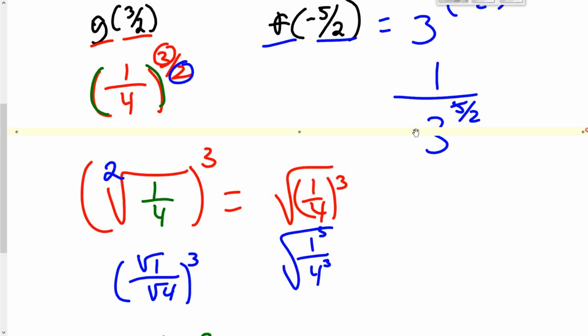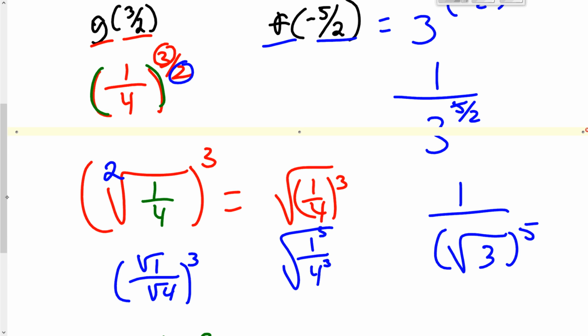So 1 over the square root, because the denominator is a 2, and then 5 is the power, so I can leave that on the outside. Or, oops, leave that power 5, the numerator, on the outside, and put 3 on the inside.